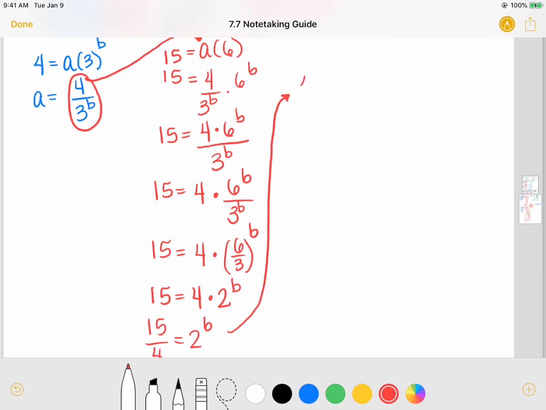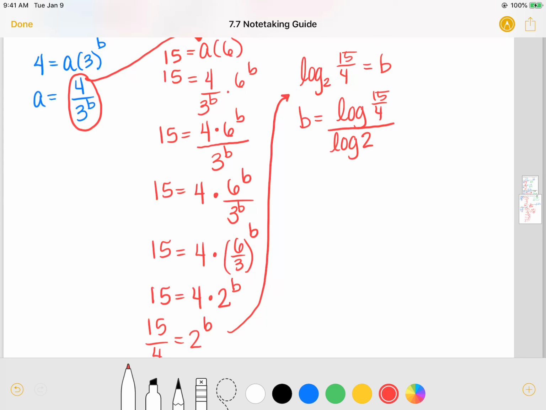So we would say log base 2 of 15 fourths is equal to b. Okay? So in order to evaluate that logarithm, we should change the base. So we're going to rewrite this as log of 15 fourths divided by the log of 2. And now we're using common log base 10.